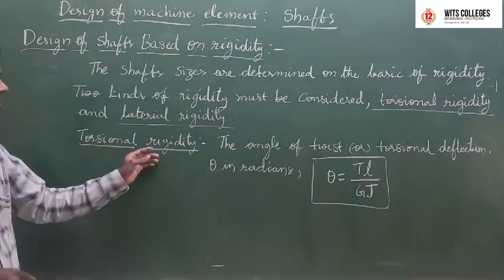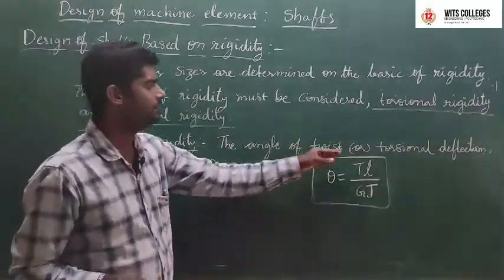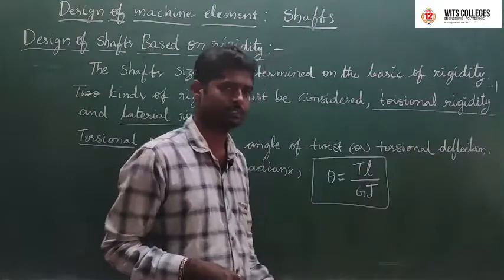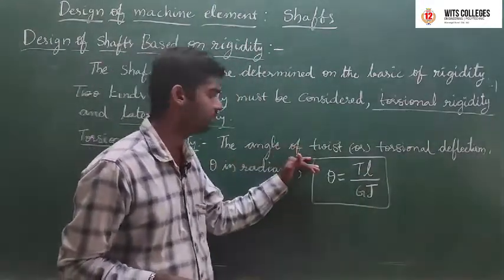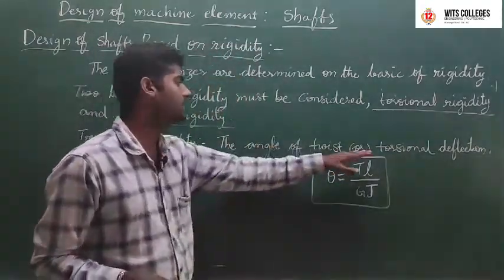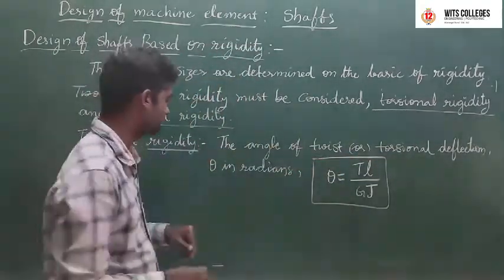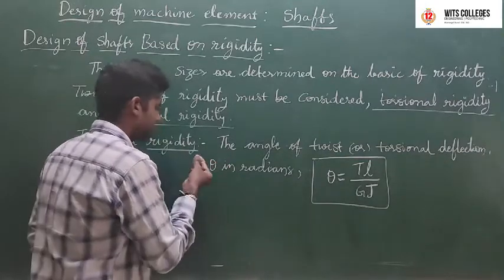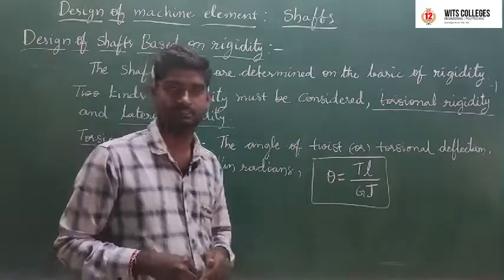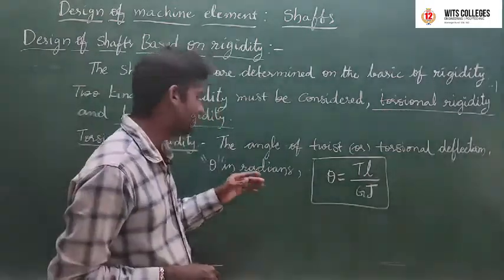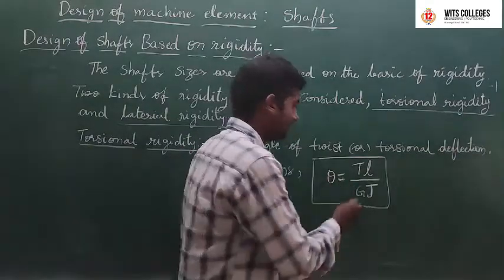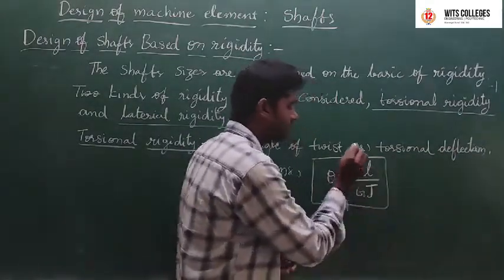In torsional rigidity, we consider the angle of twist or torsional deflection, denoted by theta, in radians. The theta formula is theta equals TL by GJ.